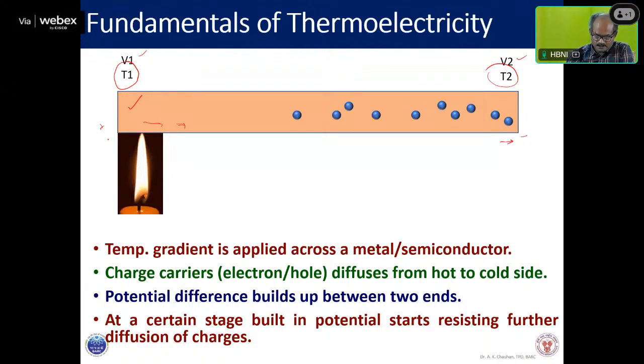At a certain stage, the built-in potential starts resisting further diffusion of charges. Why? It is not that all electrons will move from one side to the other. After some time, this end is negative and this end is positive, so if more electrons want to move from this side to that side, they will be repelled by this potential.